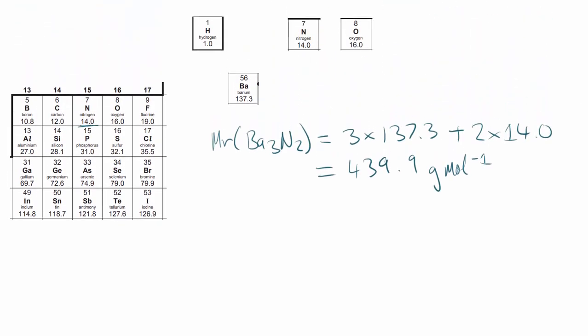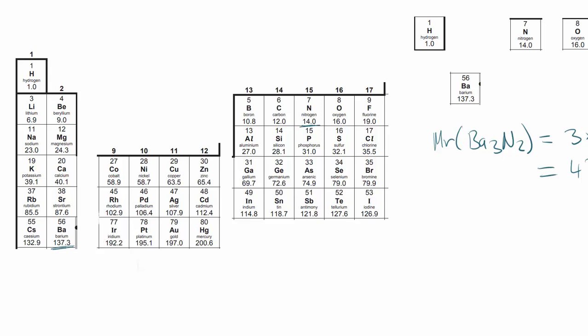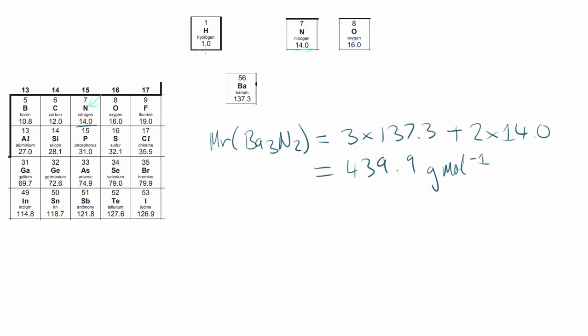So the molar mass of ammonia: we've got nitrogen here and hydrogen here, and it's NH3, so it's going to be simply the Mr of NH3 equal to 14 multiplied by 1, though you could choose not to put the 1 there, plus 1 times 3, so that's the H3, right?